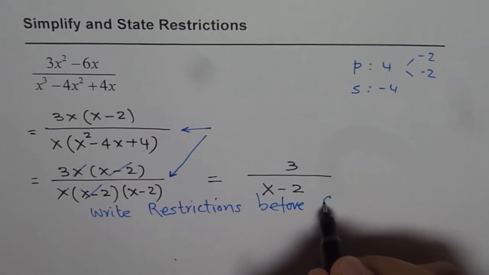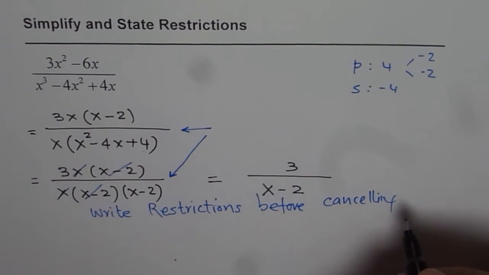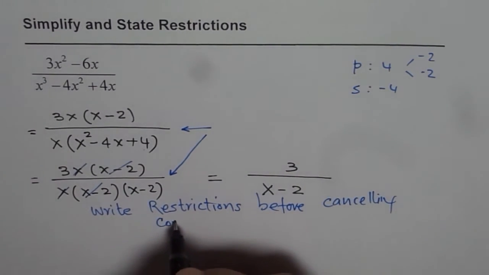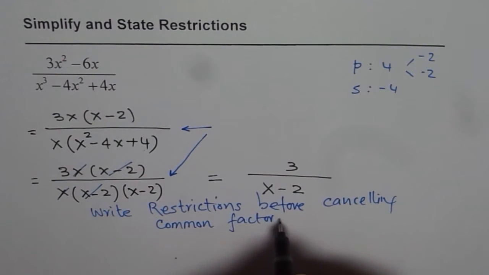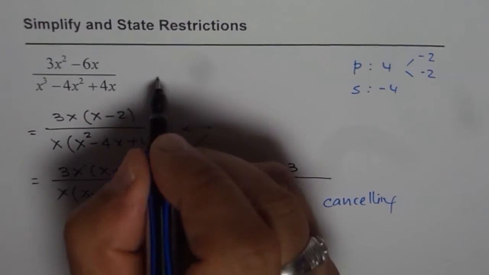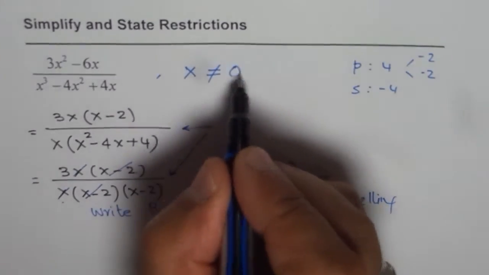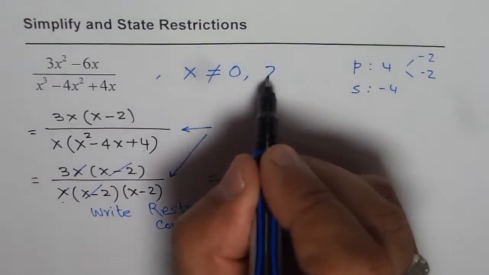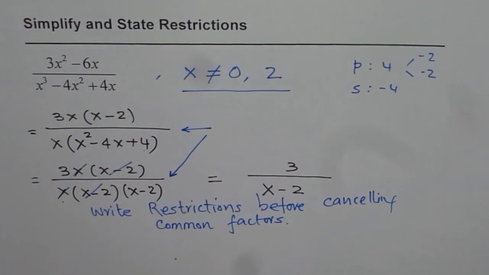That is a rule you should follow to always get the correct answer. So the restrictions are x is not equal to 0 and 2. These are the two restrictions on the given rational expression.